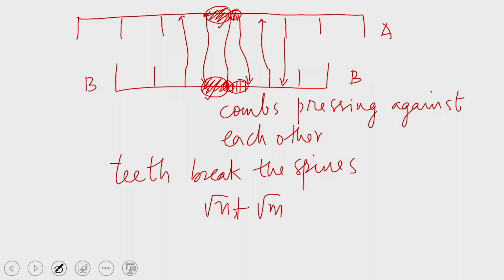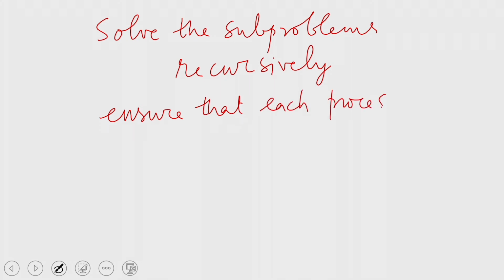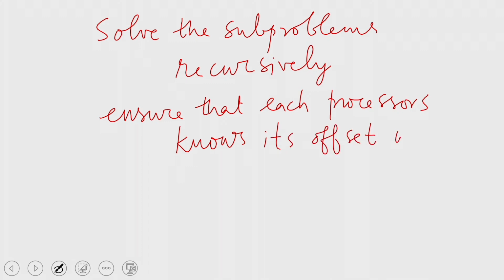The next bottleneck is to ensure that each processor knows its offset within its subproblem.